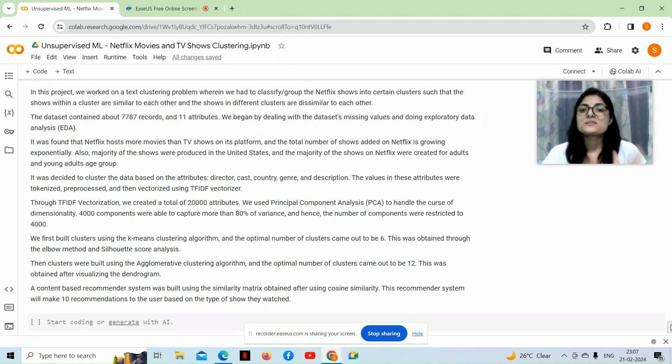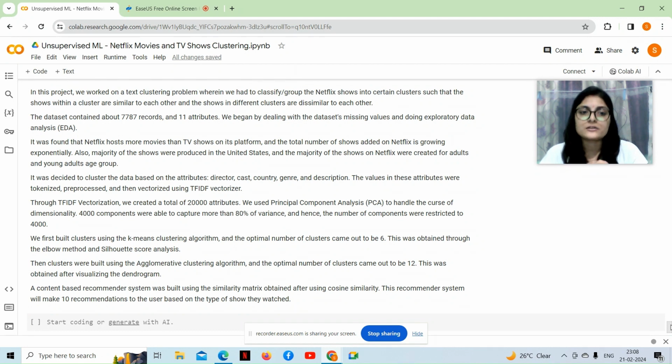We used principal component analysis, PCA, to handle the curse of dimensionality. 4,000 components were able to capture more than 80% of variance, and hence the number of components was restricted to 4,000. Then we first built clusters using the k-means clustering algorithm, and the optimal number of clusters came out to be 6. This was obtained through the elbow method and Silhouette score analysis.